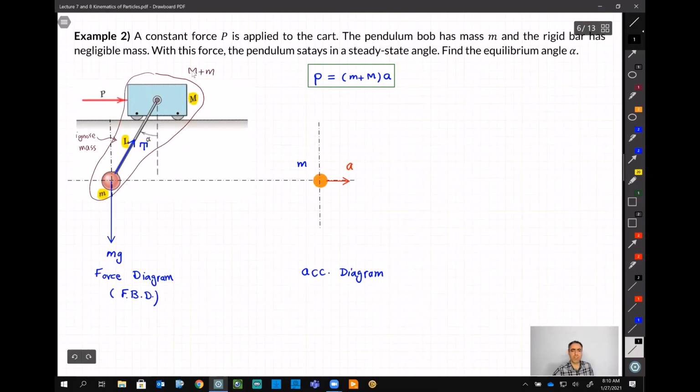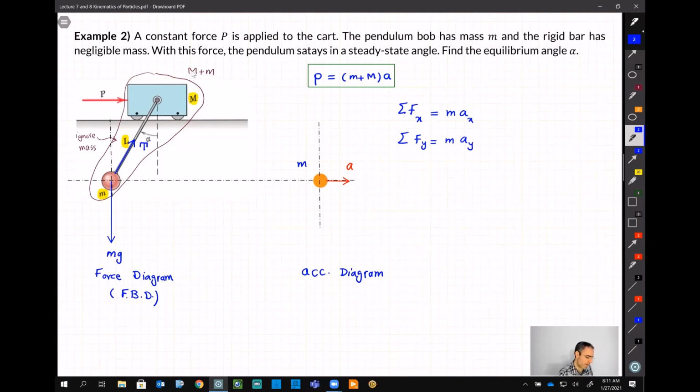If I manage to draw this diagram correctly, then the rest in dynamics is just math and nothing else. Simply, we use our Newton's law. We write down that the sum of the forces in X has to be equal to m a_x, and the sum of the forces in the Y direction has to be equal to m a_y.